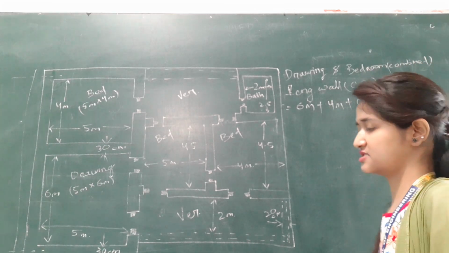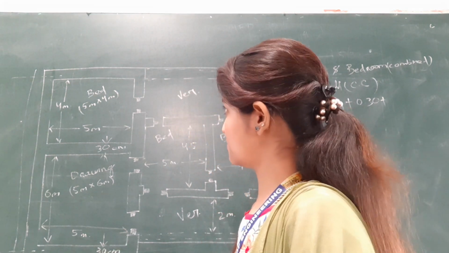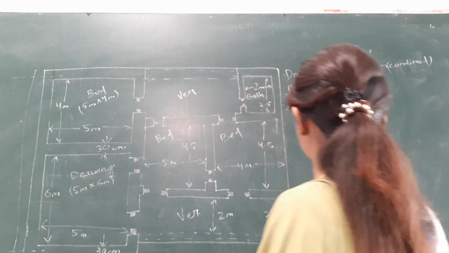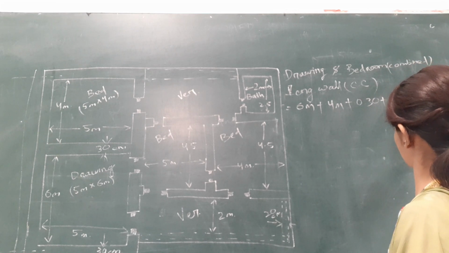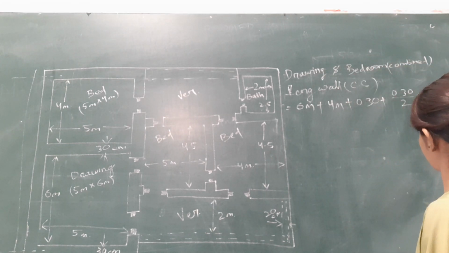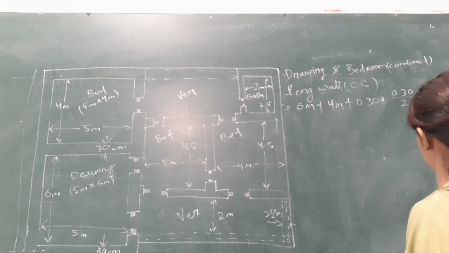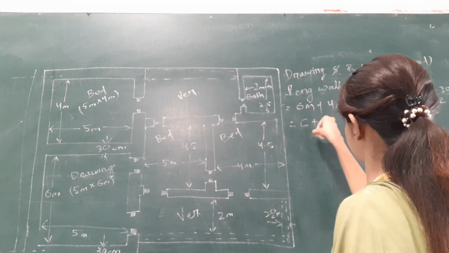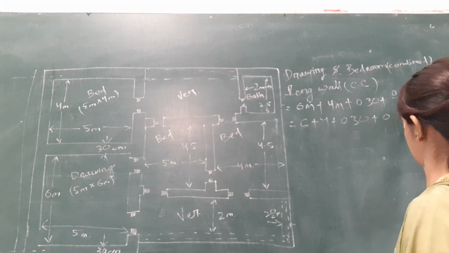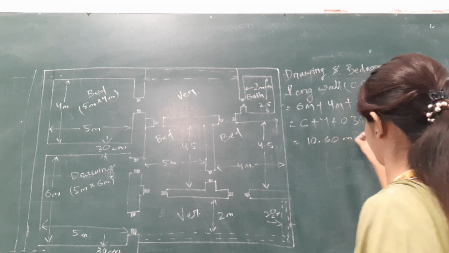So we can put 0.30. Plus next, there is a 30 cm thick wall, and the other side wall is also 30 cm thick, so we take 0.30 by 2, half of the breadth, plus half the breadth of the other side, same 0.30 by 2, equals 6 plus 4 plus 0.30 equals 10.60 meter.